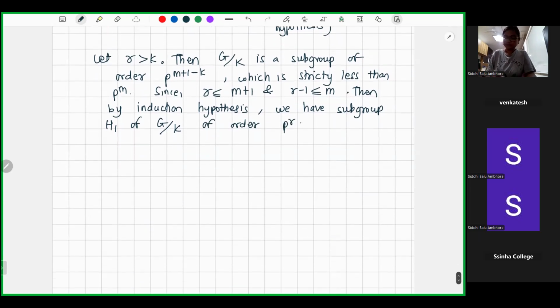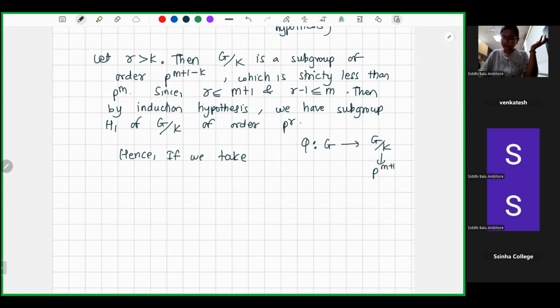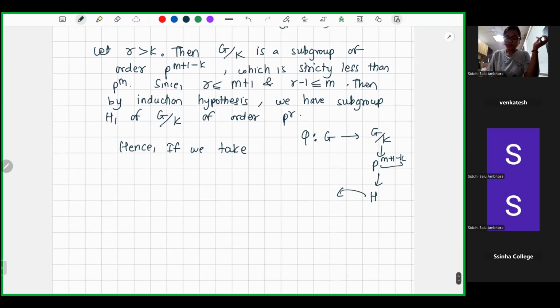Okay, and hence, suppose I have this map phi from G to G/K, which is of order p^(m+1-k). It has a subgroup H1 of any order between these numbers.